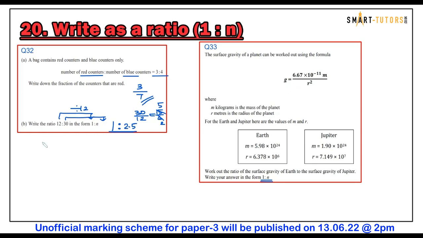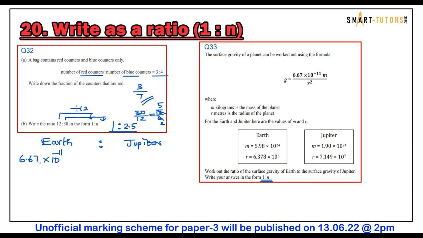So I'm going to write Earth's gravity to Jupiter's gravity, right? For Earth's gravity, I'm going to write the formula 6.67 times 10 to the power minus 11 times m. Earth's mass is 5.98 times 10 to the power 24, whole thing squared.